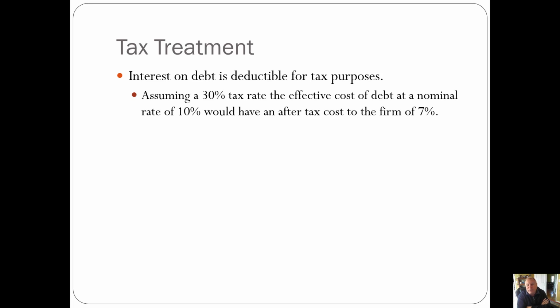So using a very simple example, if you have a 30% tax rate, we all know it's 21, the effective cost of debt, say the interest rate is 10%, would have an after-tax cost to the firm of 7. So the impact is not 10, but is 7.